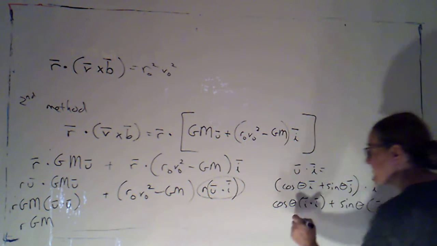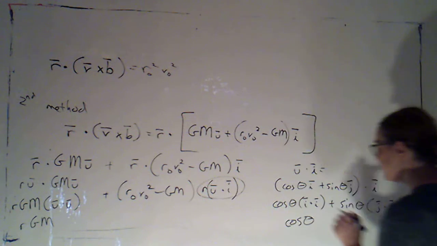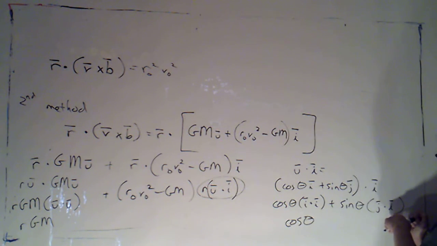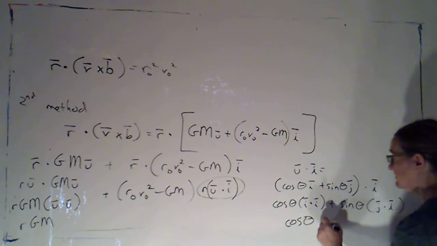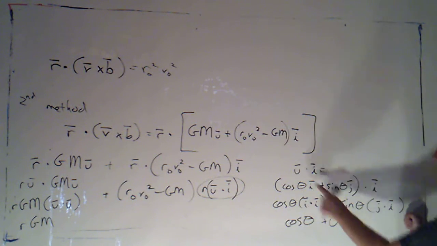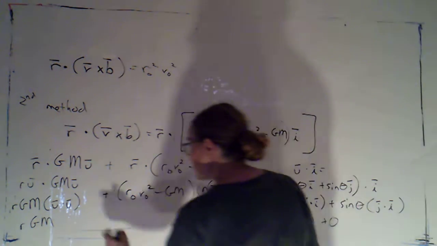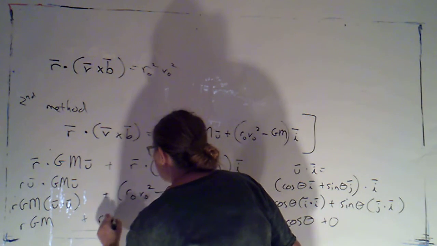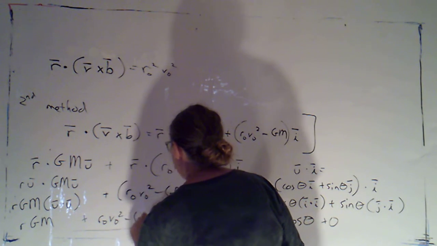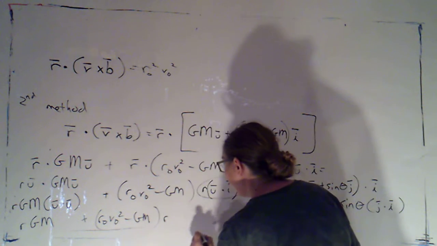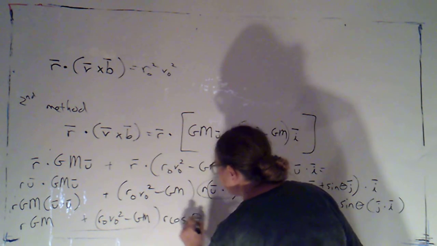That's just 1, so that's going to give me cosine of theta. J dotted with I is 0 because they're orthogonal. So U dotted with I is cosine of theta. So this second term becomes R naught V naught squared minus GM times R times cosine of theta.